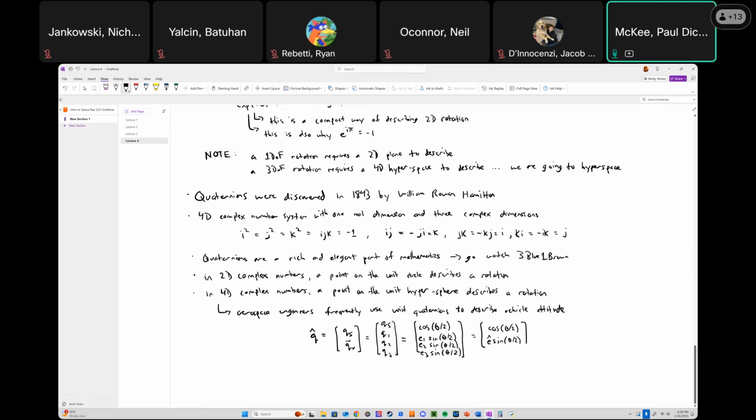Do you see how that's the same familiar Euler axis and Euler angle from earlier this lecture? And so this gives us a scalar part and a vector part. And already you can see how you can build a quaternion from an axis and an angle.